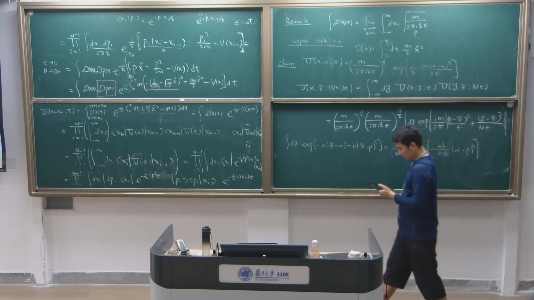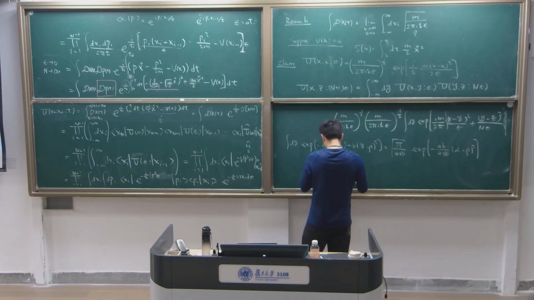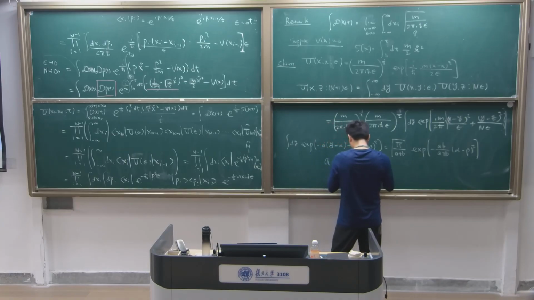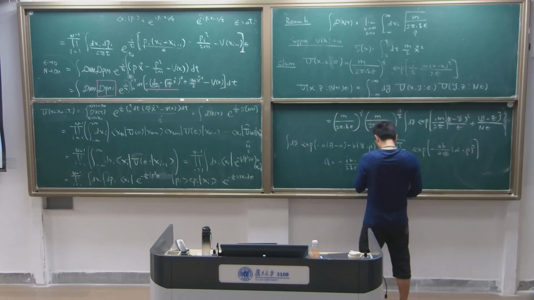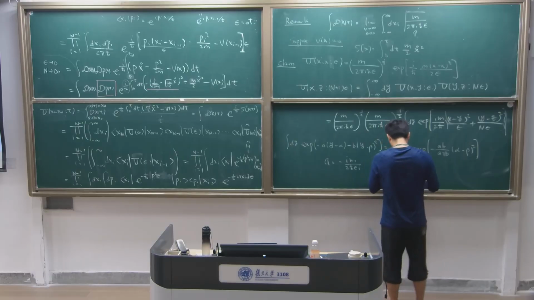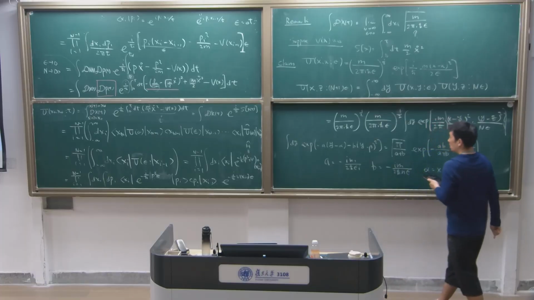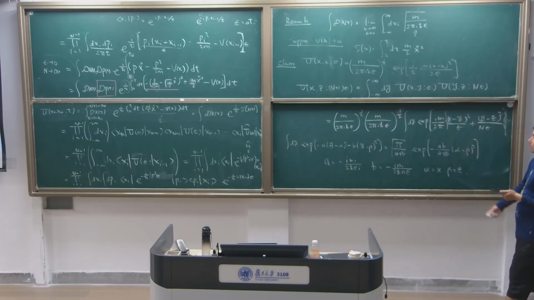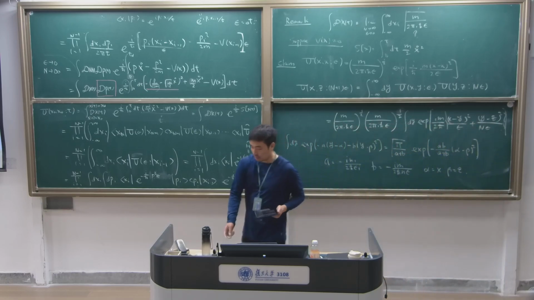Set A equal to minus i m over 2 h bar epsilon, and B equal to minus i m over 2 h bar epsilon, and alpha equal to x, beta equal to z. Plug this in, and you can show that this is another Gaussian integral.